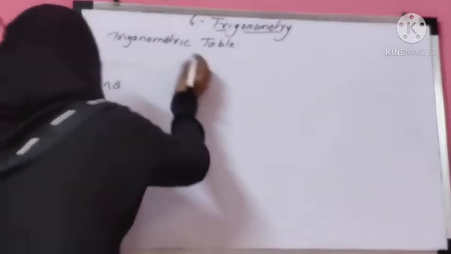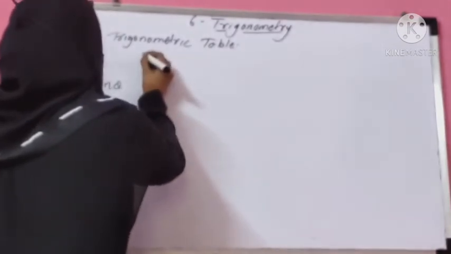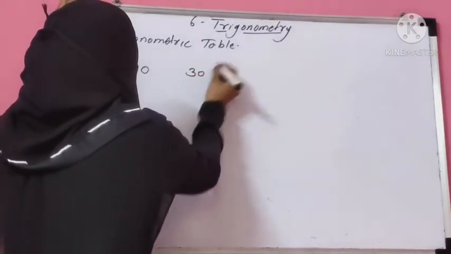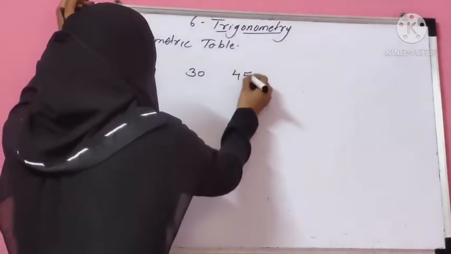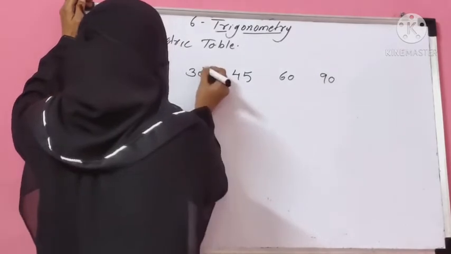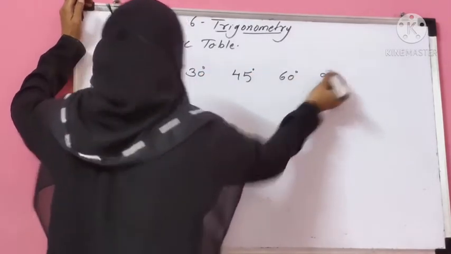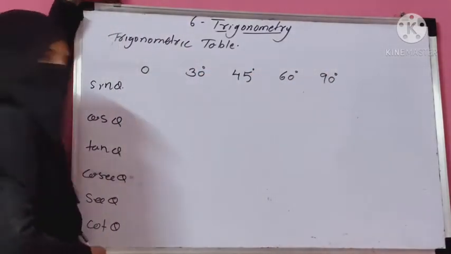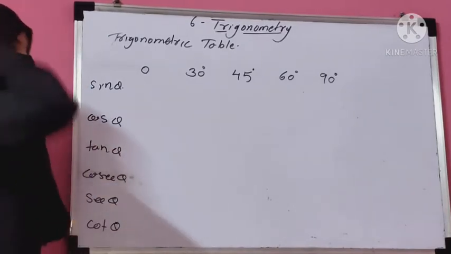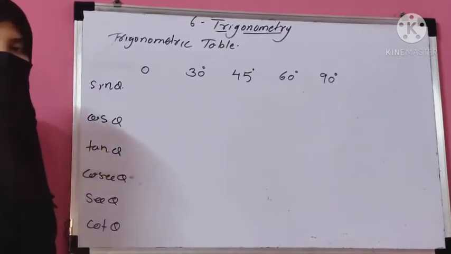Okay. And the trigonometric angles are 0 degree, 30 degree, 45 degree, 60 degree, and 90 degree. These are the trigonometric angles. These are the trigonometric ratios. Okay. Now the question is how to fill this trigonometric table.